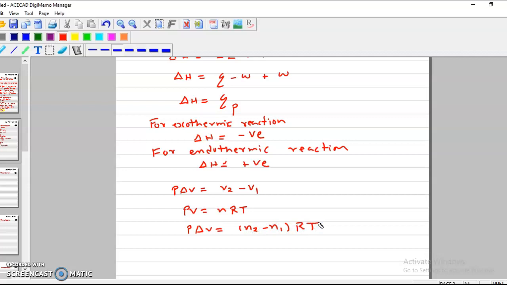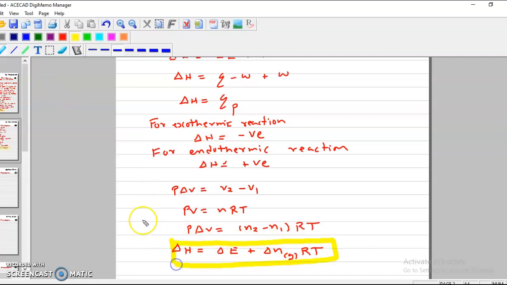R and T are constants, and therefore we write delta H is equal to delta E plus delta N of gaseous molecules only, RT, R is a gas constant. So this is also one of the important equations used to determine enthalpy change when number of moles and temperature are given. Okay, so this is all about enthalpy.